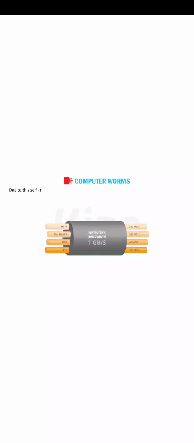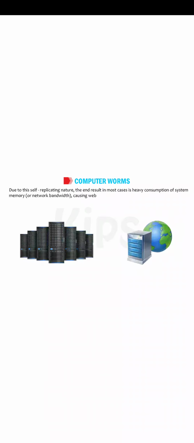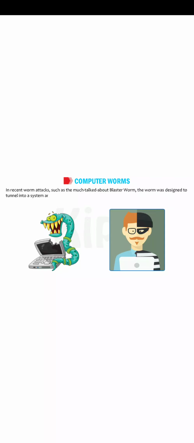Due to this self-replicating nature, the end result in most cases is heavy consumption of system memory or network bandwidth, causing web servers, network servers, and individual computers to stop responding. In recent worm attacks, such as the much talked about Blaster worm, the worm was designed to tunnel into a system and allowed malicious users to control computers remotely.